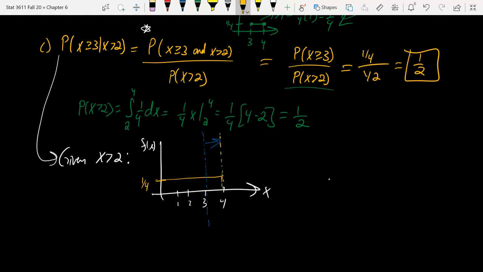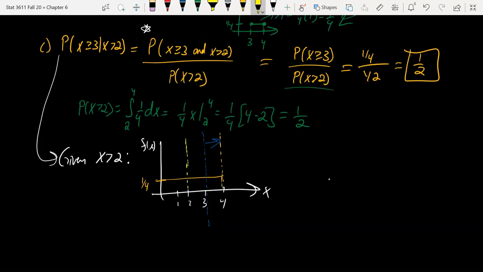So let me just say this. Now, if you're given that x is greater than 2, you can very quickly come up with the conditional distribution by just looking at how this would have to change, in the sense that if we know we are greater than 2, then we have to be to the right of this.